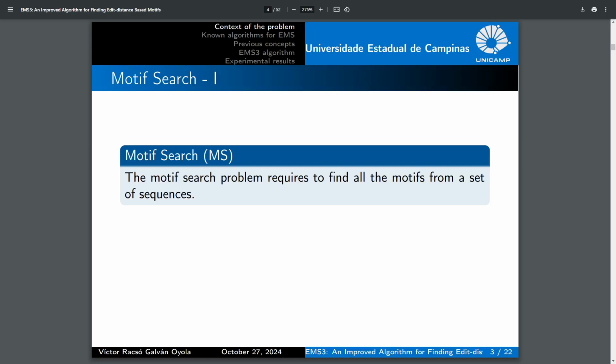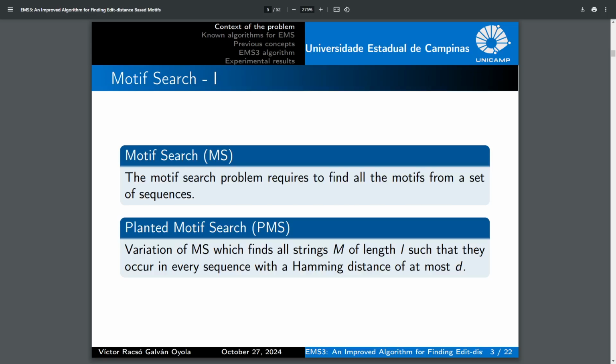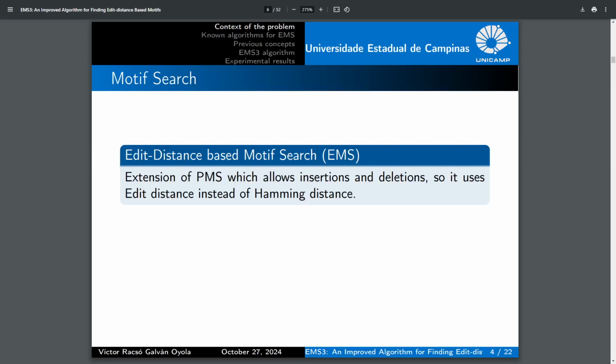Now, motif search is a problem that requires finding all the motifs from a set of sequences. It has some variations. In this case, we have the planted motif search, PMS, which is a variation in which all the strings M of length L are considered a motif if each of the strings in the set has at least one substring with a Hamming distance of at most d with respect to M. In addition, we have our variation, which is the EMS, the edit distance-based motif search, which also allows insertions and deletions.